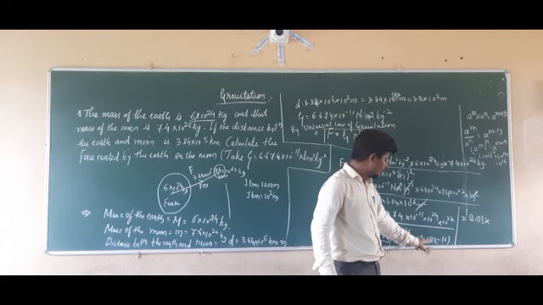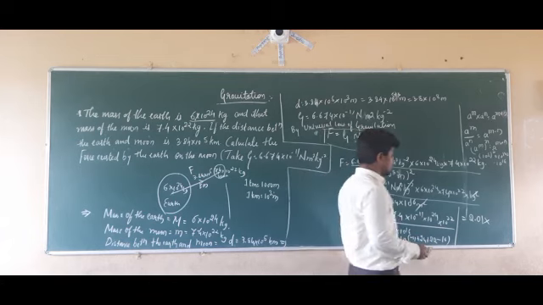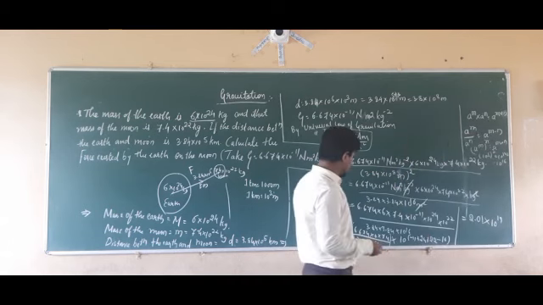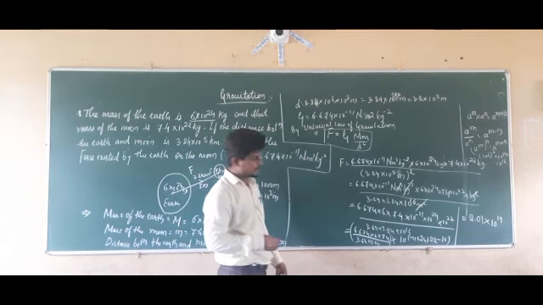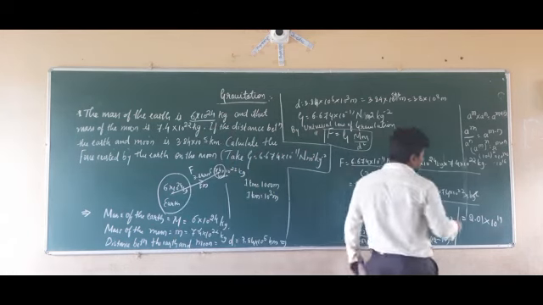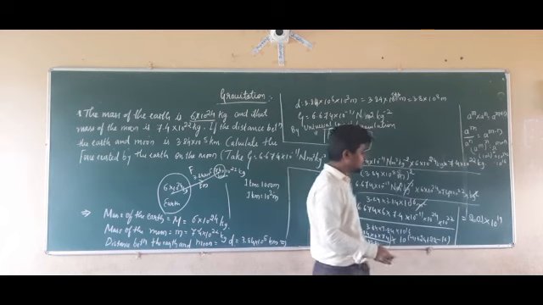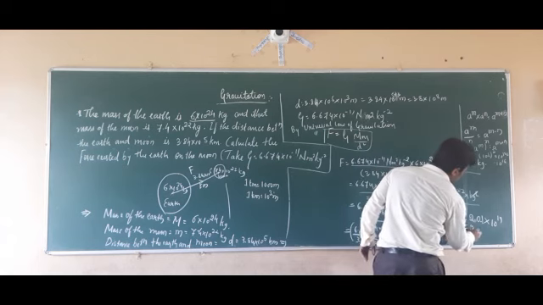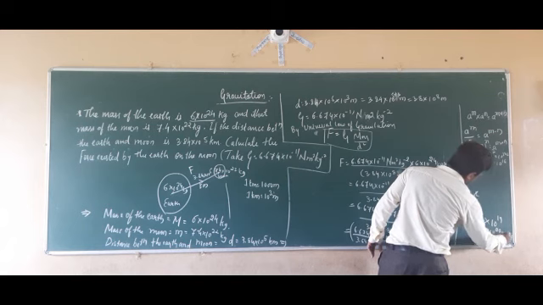Therefore, 46 minus 27 will be equal to 10 raised to 19. So this will be equal to 20.1 into 10 raised to 19, which can be given as 2.01 into 10 raised to 20 newtons.